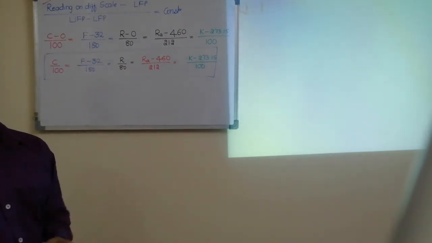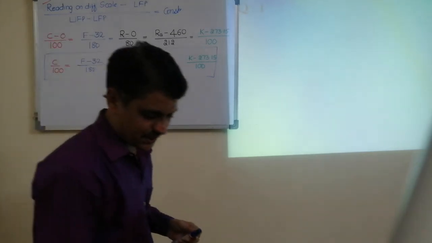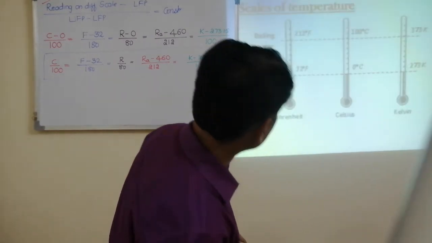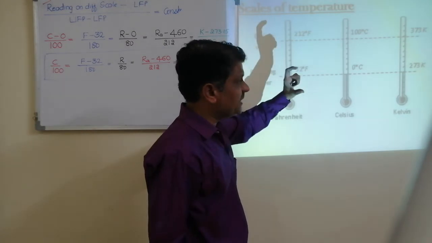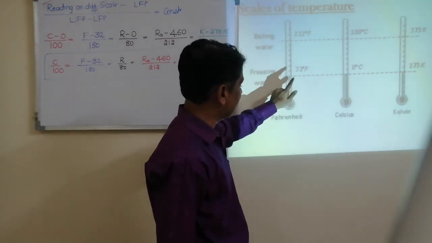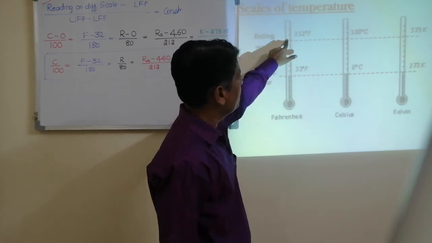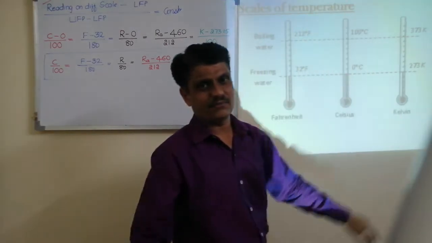Before going to the questions, I have a simple question here. I'll go back to this figure. As I said, the amount of heat energy required to raise the temperature from lower fixed point to upper fixed point on all scales remains the same.